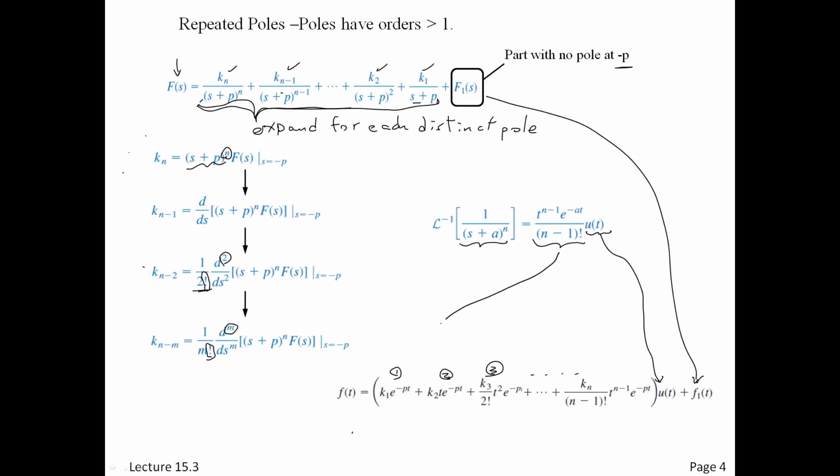So here that is applied to this. I've got my t to the n minus 1. Well, when n is 1, t to the 0 is 1, over 0 factorial. Good thing 0 factorial is 1 and not something else. E to the minus at, well, in our case, a is p, the pole location.